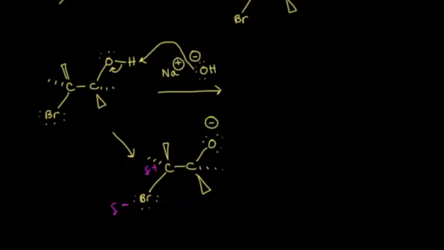So this is actually an intramolecular Williamson ether synthesis. If you think about it, if these electrons in here are going to attack this carbon, that would kick these electrons off onto your bromine like that, and it's an intramolecular Williamson ether synthesis where your alkoxide is the nucleophile in an SN2 type mechanism.